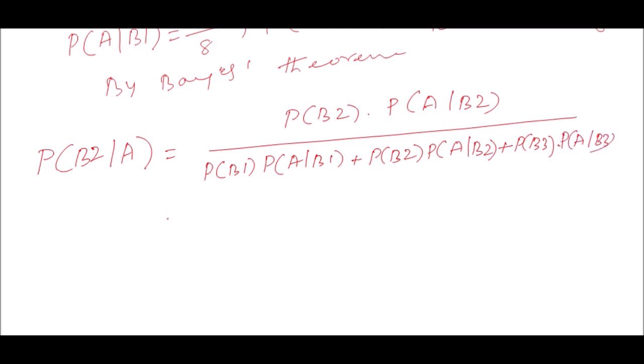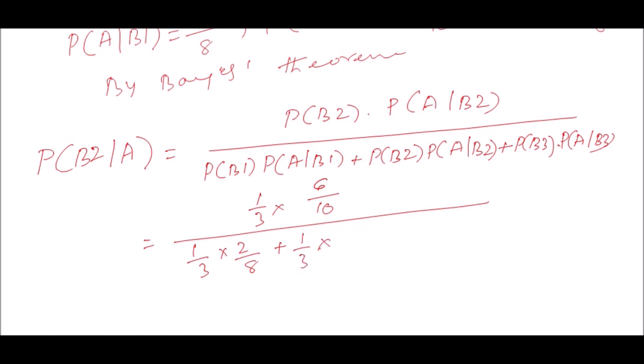This is the Bayes theorem. Now we substitute these values. Therefore, this is 1/3 times 6/10, over 1/3 into 2/8, and again 1/3 times 6/10, and 5/8.